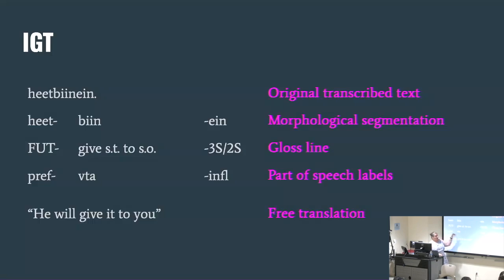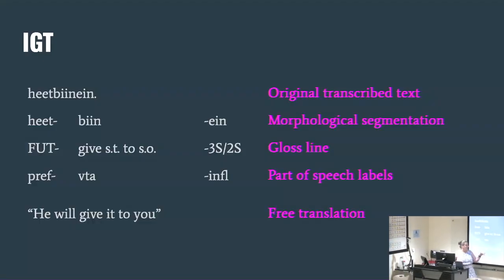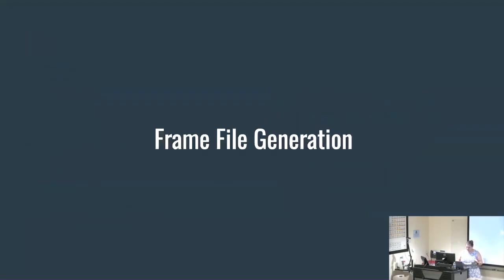In the Arapaho data, we also have some part of speech labels. Sometimes these might be folded into the gloss line. Again, there's no standard set of conventions. And then we have a free translation into some language of wider communication. So this is the resource that we're trying to work with.